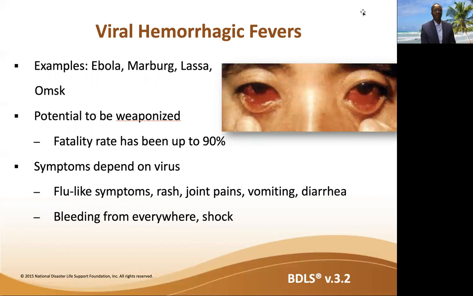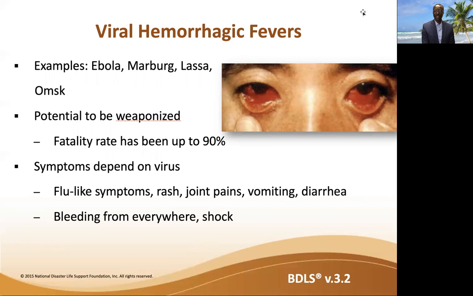Viral hemorrhagic fevers. Viral hemorrhagic fevers are the diseases in bioterrorism that strike fear in the hearts of everyone. This is largely caused by urban legend and popular books and movies, like Contagion and Andromeda Strain.